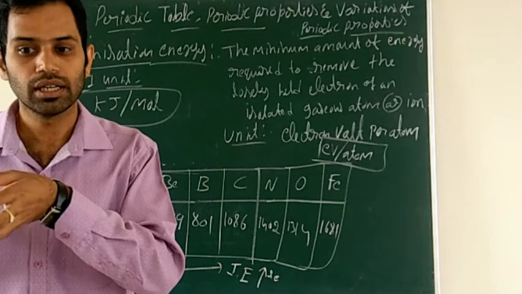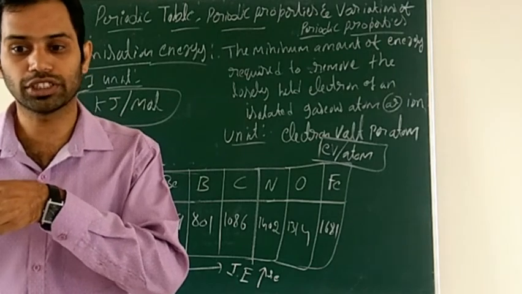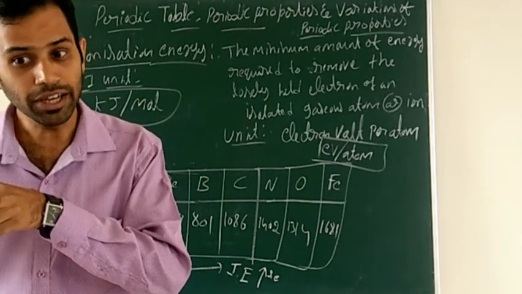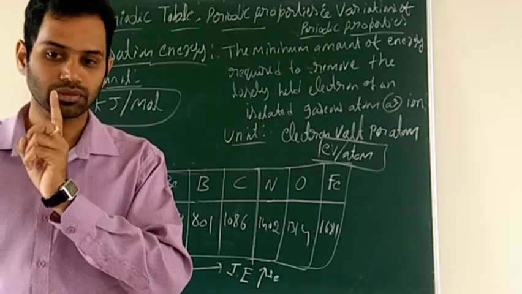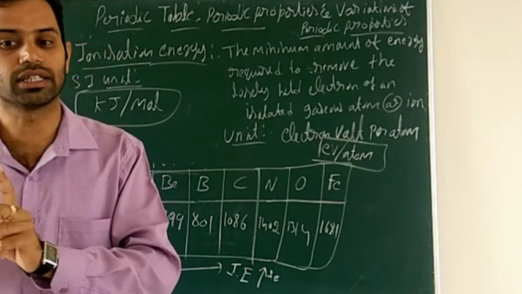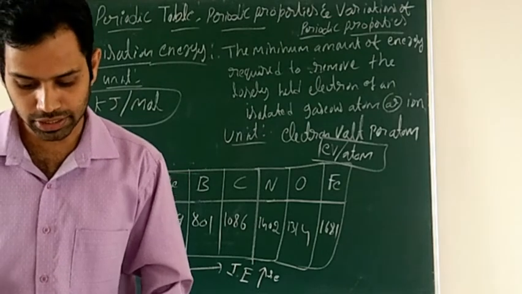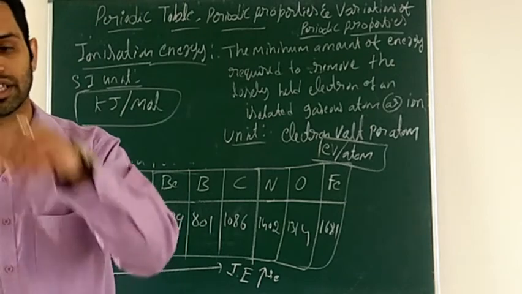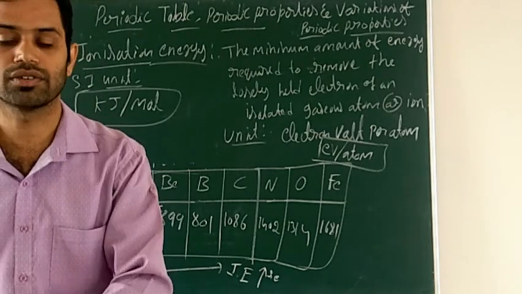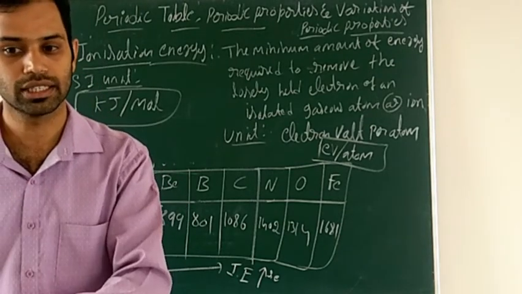Clear? Because atomic size is more, the shells are far away from the nucleus. Because of that reason, ionization energy decreases with the increase in atomic size.